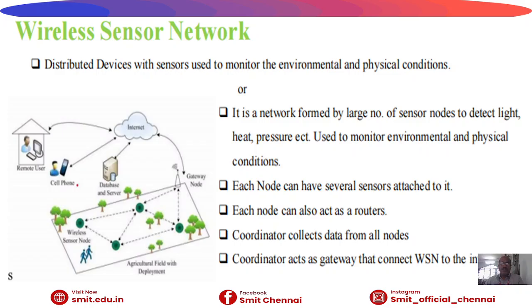See the figure, from the remote user on the left-hand side, the cell phone user. All these users are connected to the internet, and through the internet they reach a gateway node. Through this gateway node they are able to access a particular wireless sensor network, with authenticated privileges only.